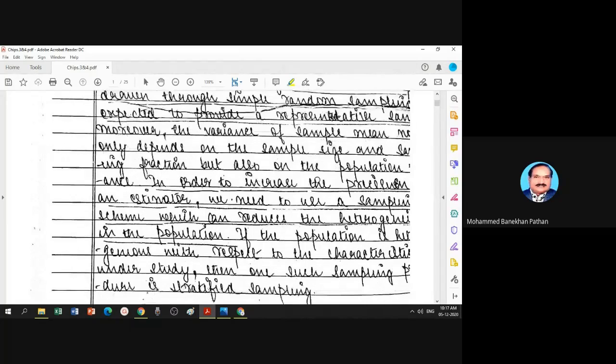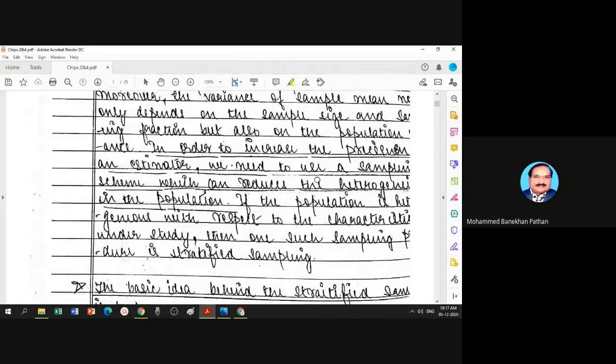But in the other case, if the population is not homogeneous, that means there is heterogeneity, then simple random sampling will not provide a good estimate of population quantities.